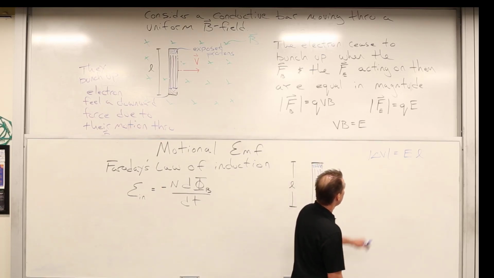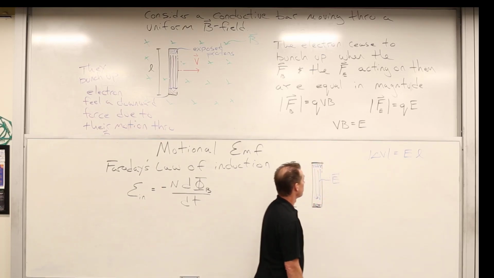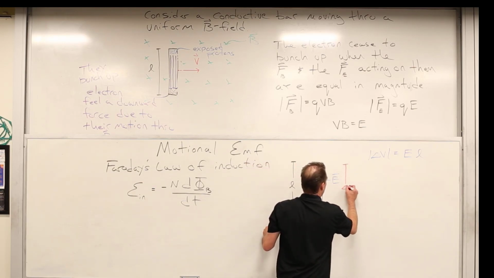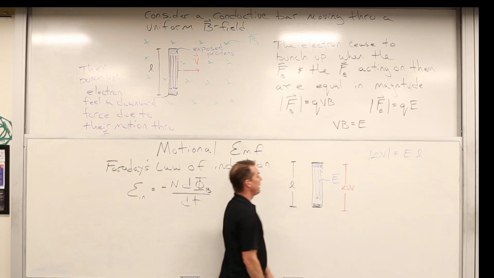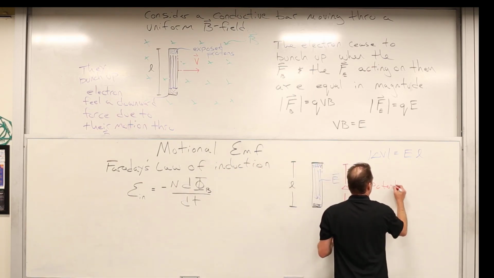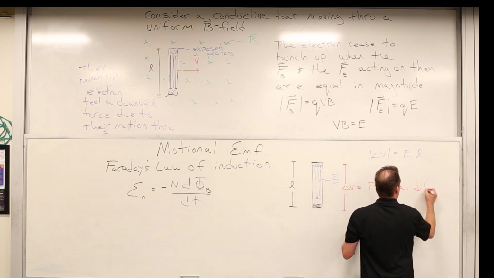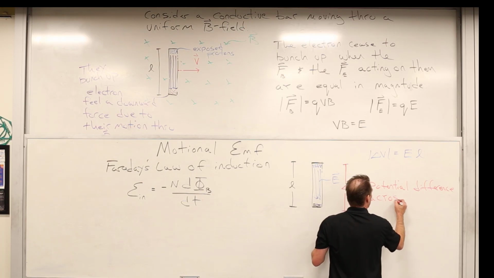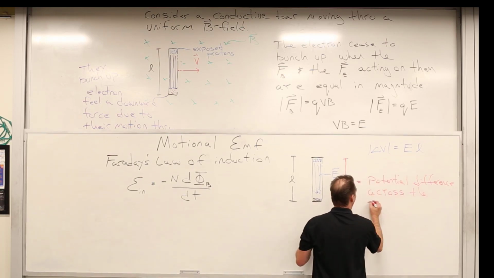Well, we get that E times L is equal to delta V, the potential difference across the ends of the bar.